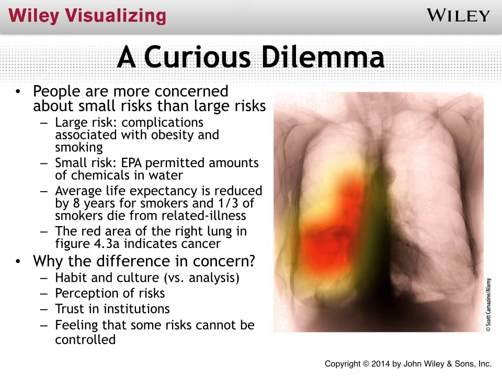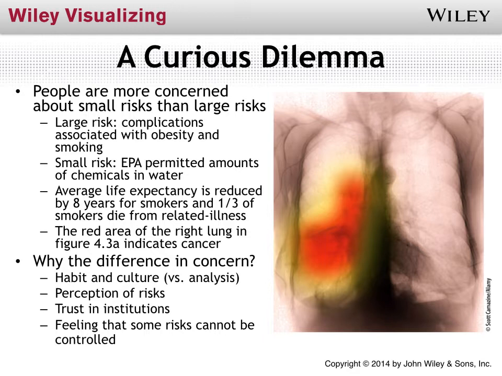The average life expectancy is reduced by 8 years for smokers, and a third of smokers die from related illnesses. So there's clearly a tie to the use of tobacco and things like lung cancer, throat cancer, heart disease, and so forth. The image on the right indicates an area that's affected by cancer from a person who was a smoker.